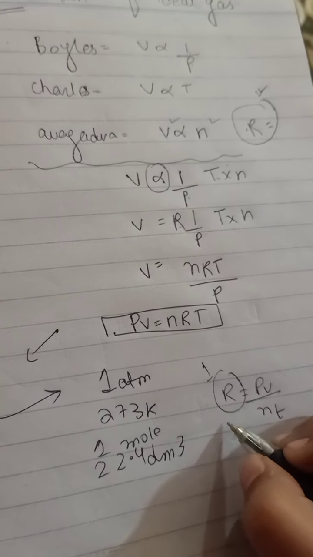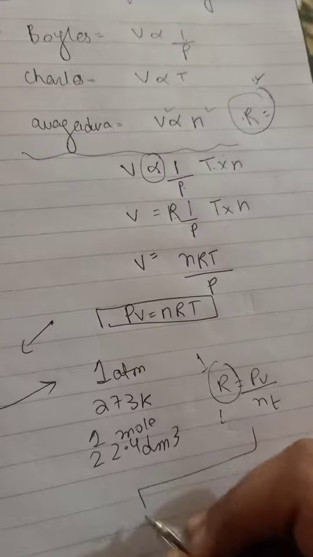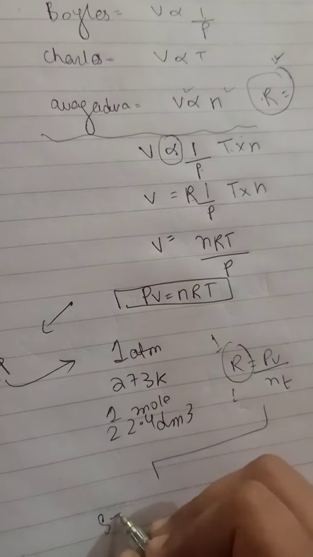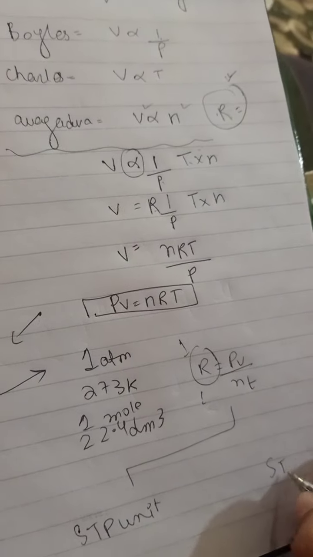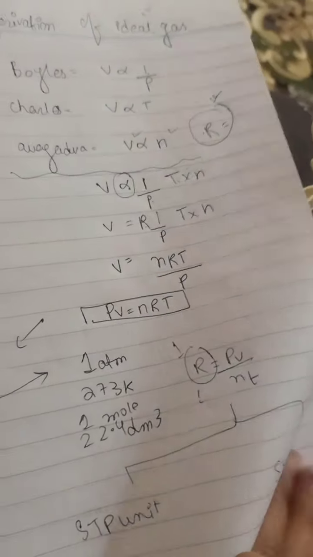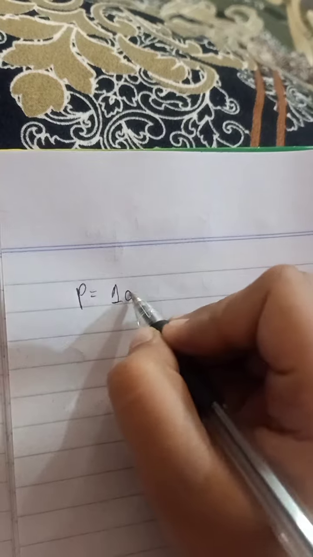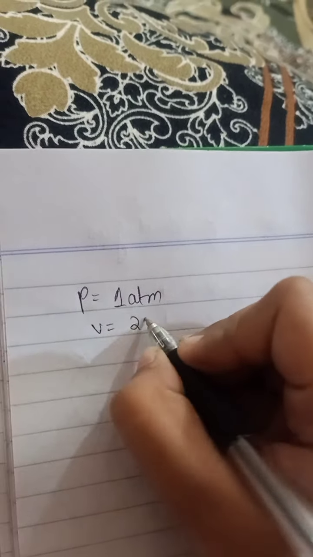Because we have to calculate R in two systems: one is the STP unit and the second is the SI unit. First of all we'll discuss the STP unit. As you all know, pressure is equal to 1 atm.